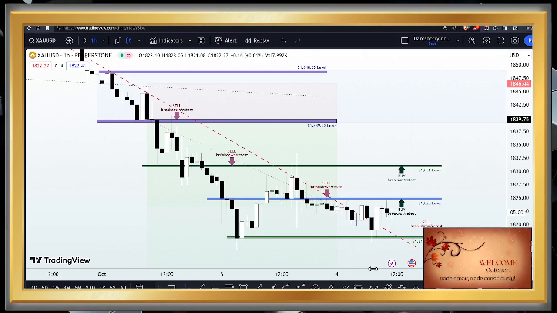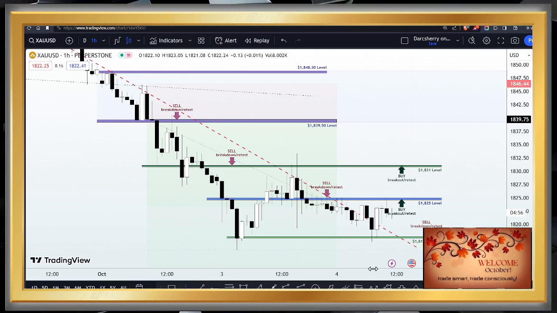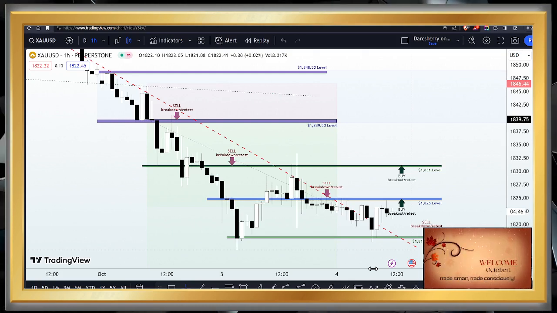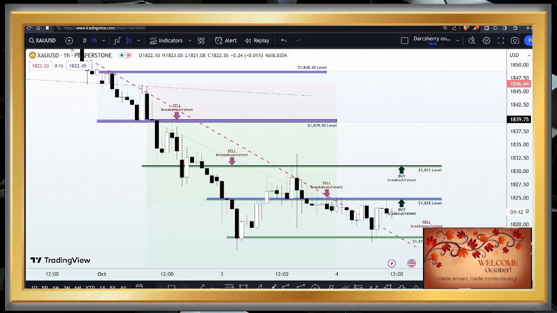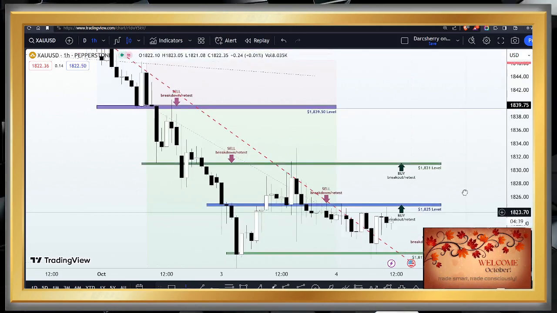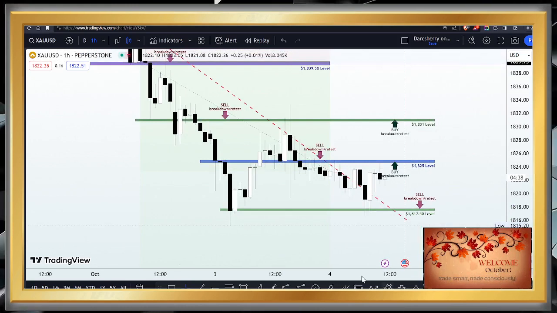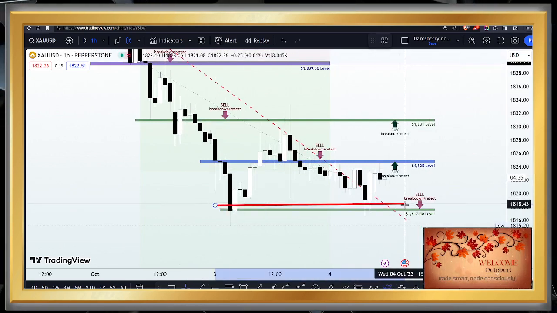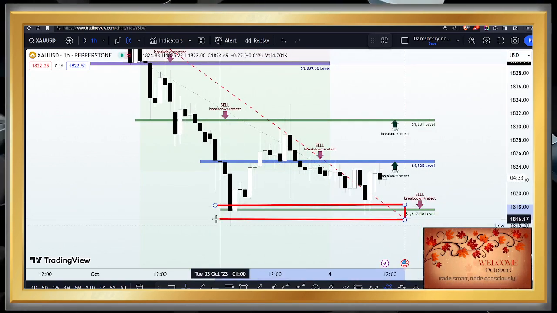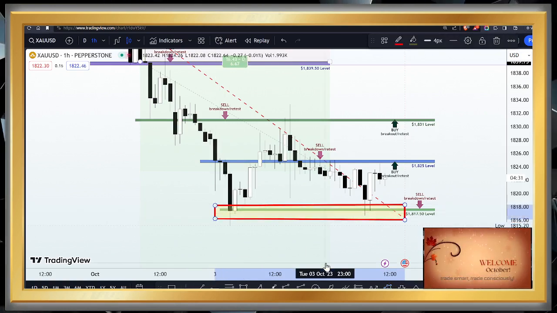Now, remember again that we have two high impact events coming in from the US economic docket, and the anticipation of this event alone has a tendency of influencing the sentiment in the market, which of course would reflect on the chart as price action. Now, if we look at what has been going on here in the last 24 hours, it is quite clear that sellers have been finding it difficult to break through the $1,817.50 zone.